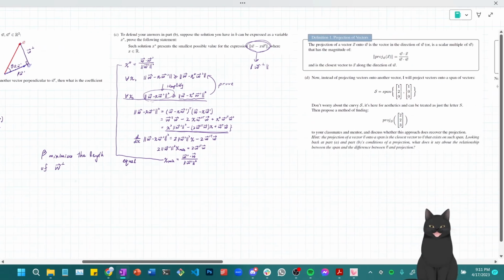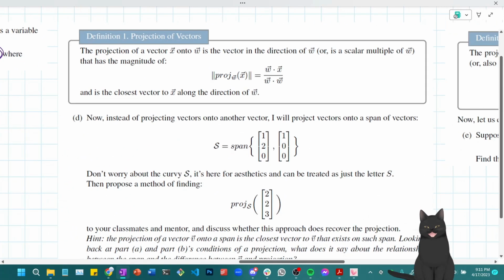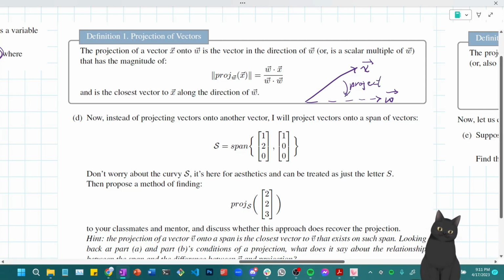And now let's actually talk about what a projection vector is based on the context we have here. The projection of a vector x onto w, which means I'm projecting a vector x onto the direction of w, is the vector in the direction of w, because you have to project onto the w direction.